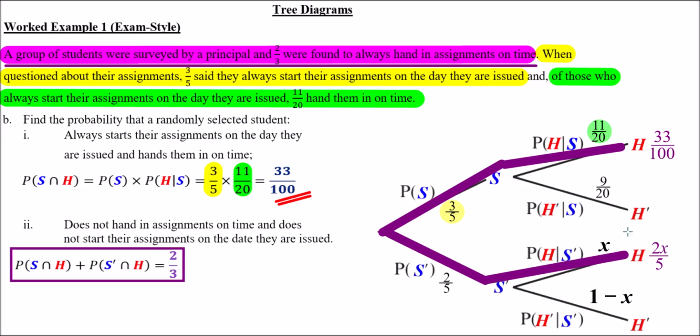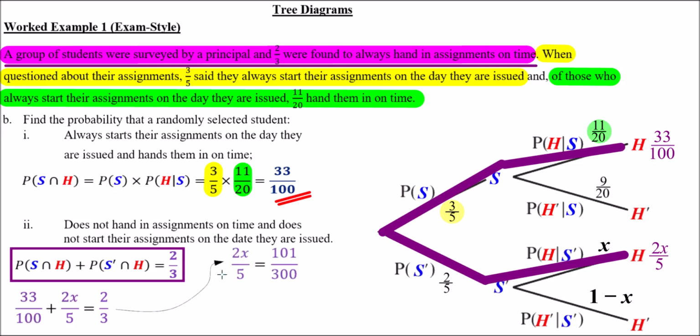Then from there, we can rearrange. I've just added in there 2x/5, that's because 2/5 multiplied by x is 2x/5. So this branch, 33/100, plus this branch, 2/5 times x, 2x/5, needs to give us a value of 2/3. We can now rearrange this by subtracting 33/100ths from both sides.